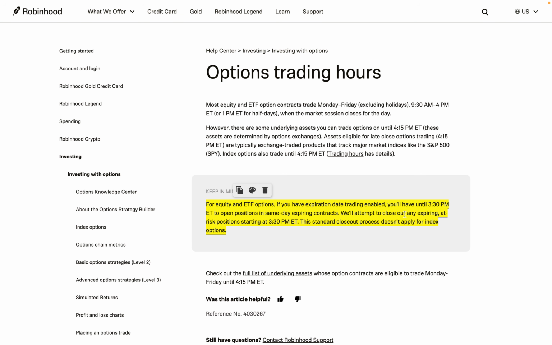Robinhood will attempt to close out any expiring at-risk positions starting at 3:30 p.m. Eastern Time. And the standard closeout process doesn't apply for index options. So I've seen a lot of people who are trading 0 DTE options and then their options get closed out early by Robinhood. So that's something you need to keep in mind.